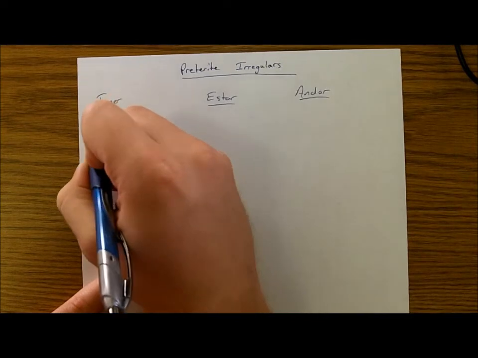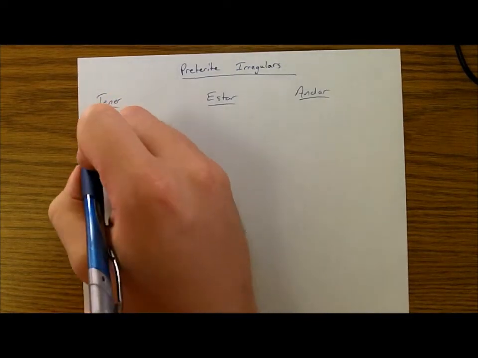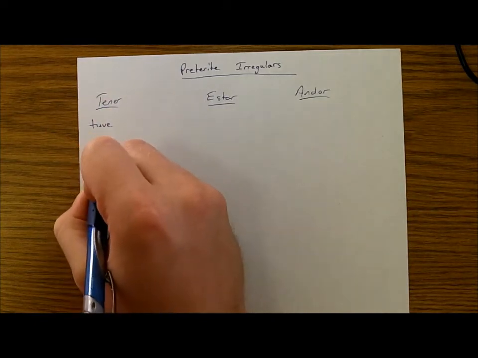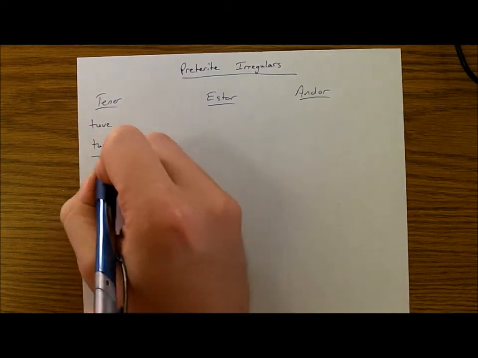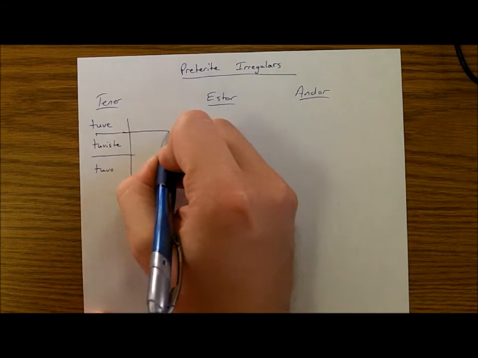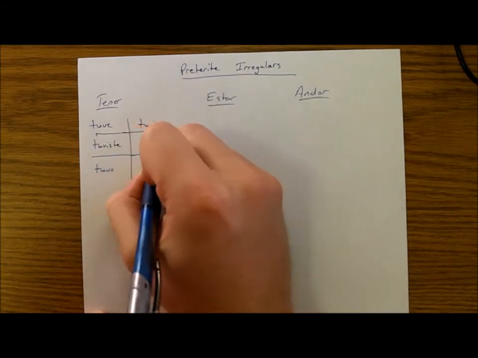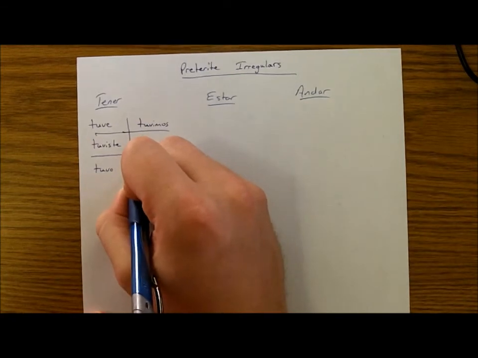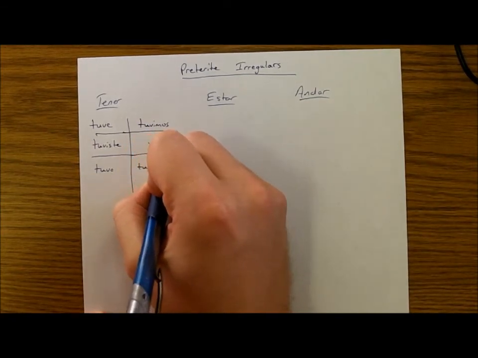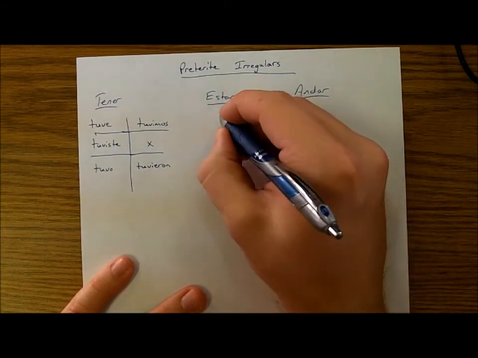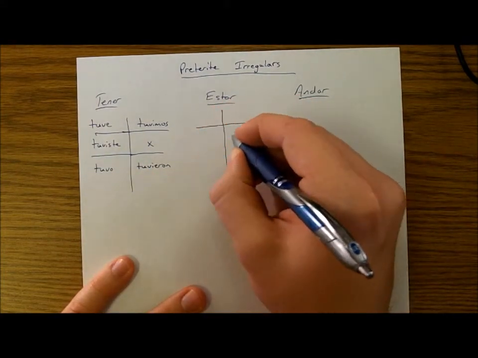When you want to say, I had, tuve, tuviste, you had, tuvo, he or she had, tuvimos, we had, tuvieron, they had. So, we see the UV in each of those forms.